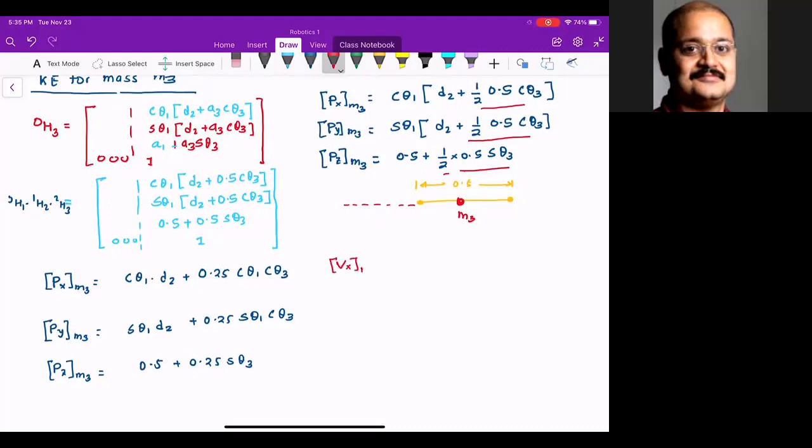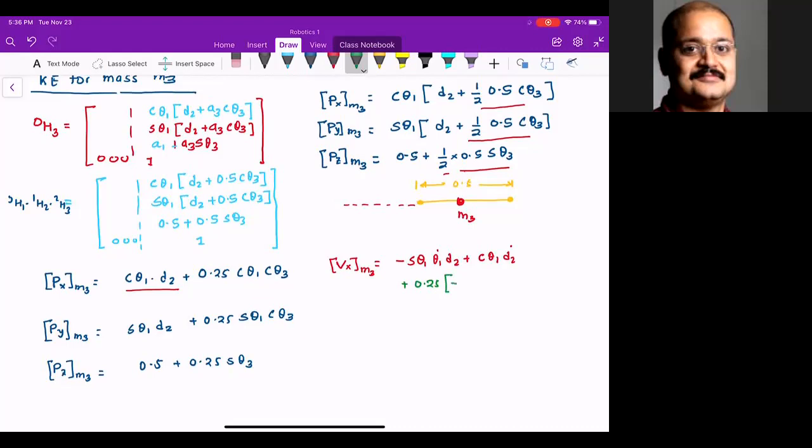Vx of M3. Chain rule. Differentiation of cosine theta 1 d2 gives minus sine theta 1 dot d2 plus cosine theta 1 d2 dot. This is the derivative of the first term. Then the derivative of the second term, plus 0.25 in the parentheses.